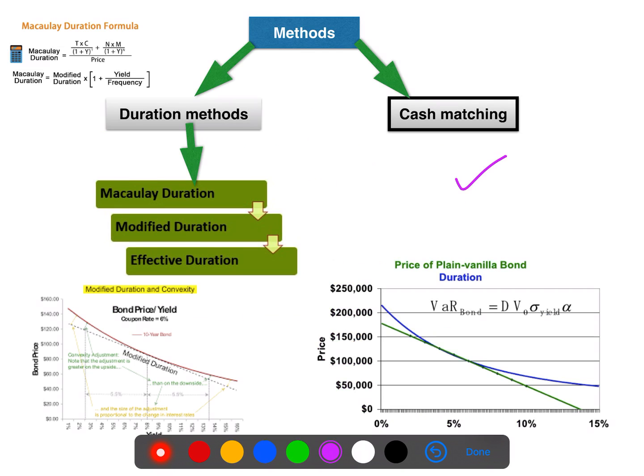But today, I want to talk about cash matching, because our clients are banks and they're really interested in cash matching because it is more flexible for them to work with this infrastructure. So for cash matching, for example, you have some cash flows. Let's say cash flow 1 at cash flow date 2, cash flow date 3, and here we have some zero coupon bond which has a maturity which is different from the cash flows.